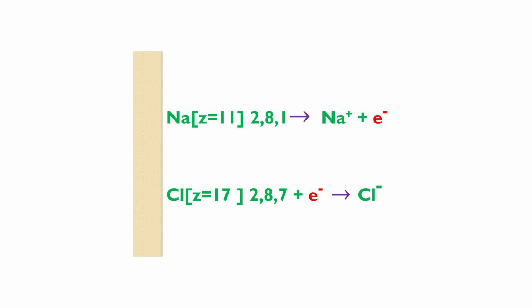That is, sodium gives Na+ by losing one electron to complete its octet. Chlorine, atomic number 17, electronic configuration 2, 8, 7. It requires one more electron to complete its octet. That is, chlorine gives Cl- by acquiring one more electron.